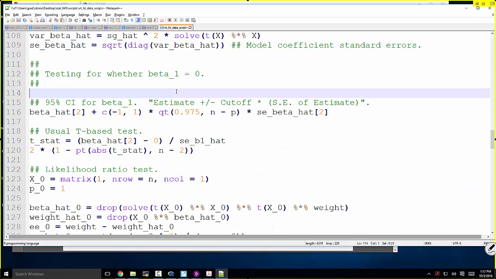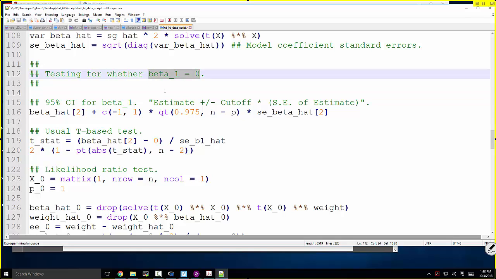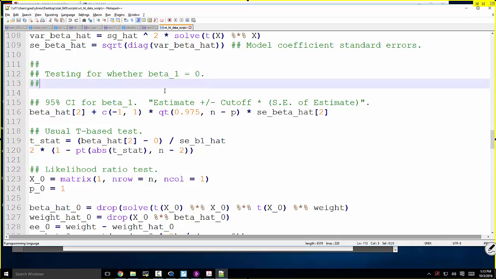So let's do inference. Let's see what we can do with our toys now. With this simple linear regression model, let's test whether beta 1 equals 0. If beta 1 equals 0, then there is no linear relationship between x and y. One way to do that would be to compute a confidence interval for beta 1.